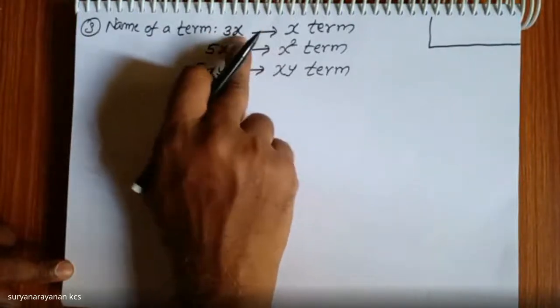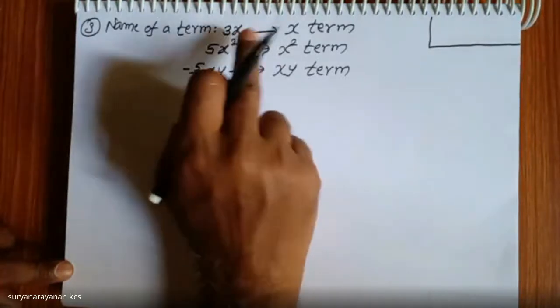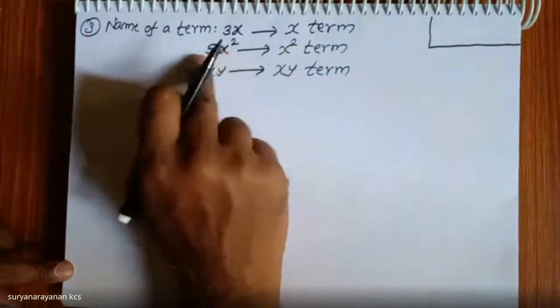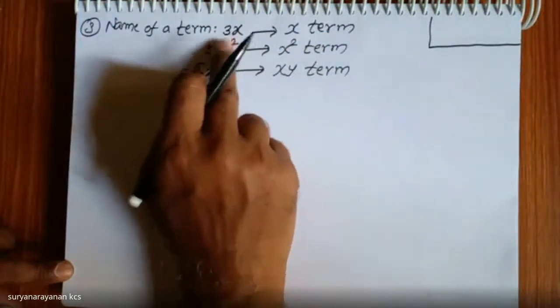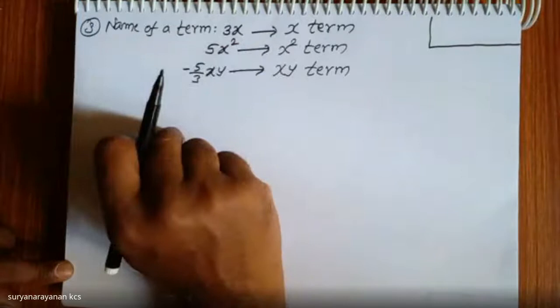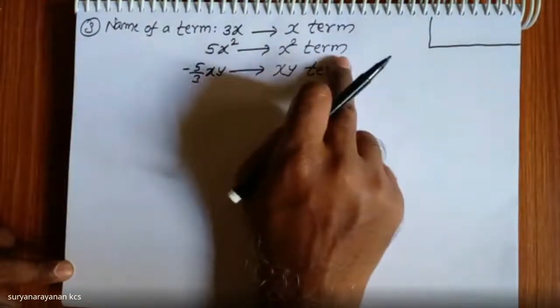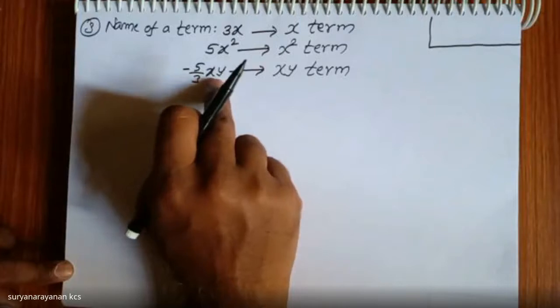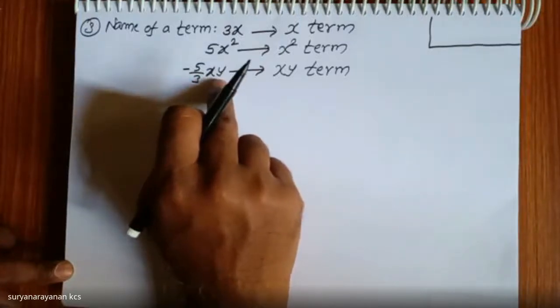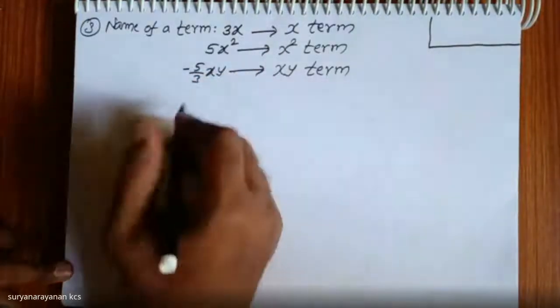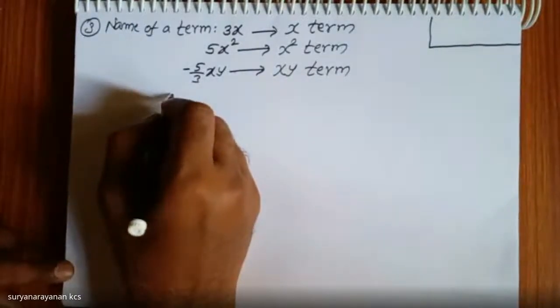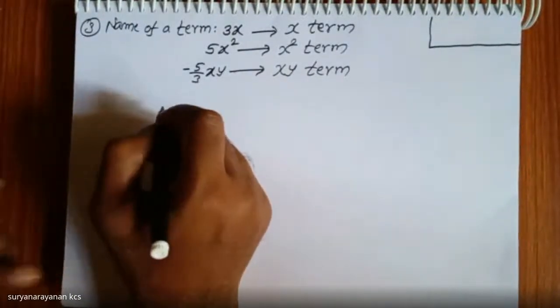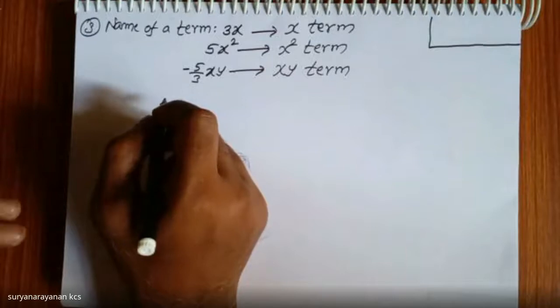Only x is involved. So this is called x term. What are the variables involved here? X square is involved. So this is called x square term. In this example, xy, these two variables are involved. So xy term. Understood this point, my dear children? How to give the name of a term?